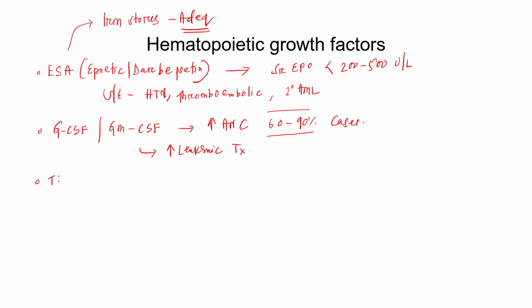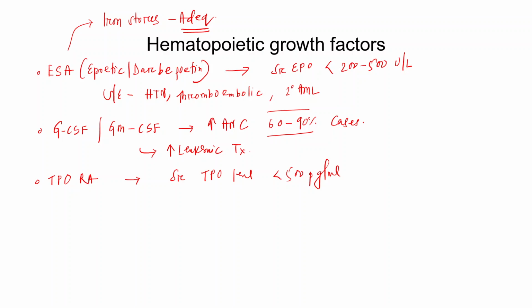Then coming to thrombopoietin analogs, TPO-RA agonists, that is eltrombopag and romiplostim. These are useful if the serum TPO level is less than 500 picogram per ml. So if EPO is less than 500 units per liter, then ESA would be given. If TPO levels are less than 500 picogram per ml, then TPO-RA agonists are useful.